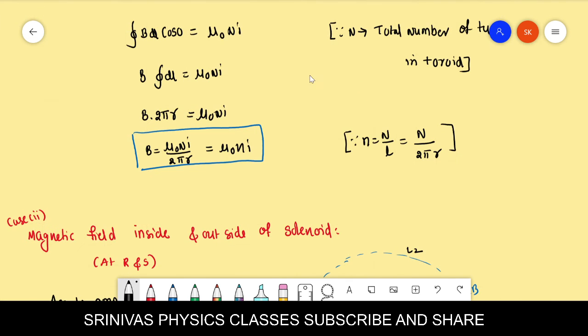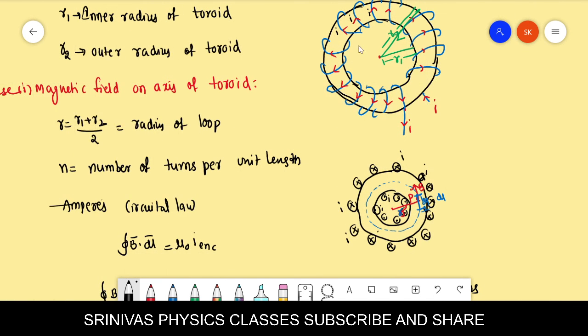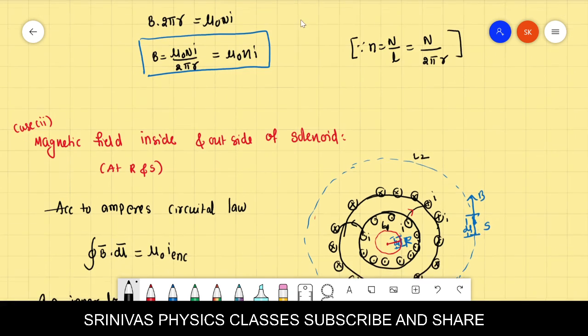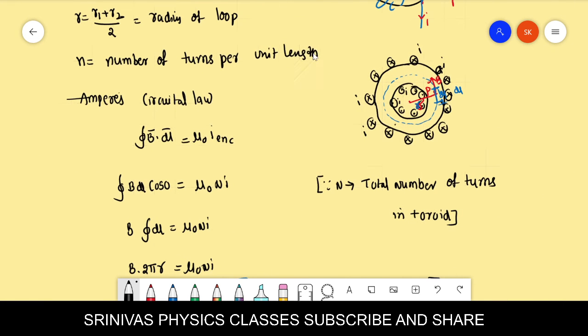See here very carefully. We found the magnetic field on the axis. This point is P; here we found it first. Next inside, next outside. At 3 points we derive.